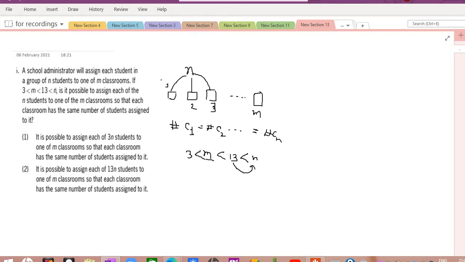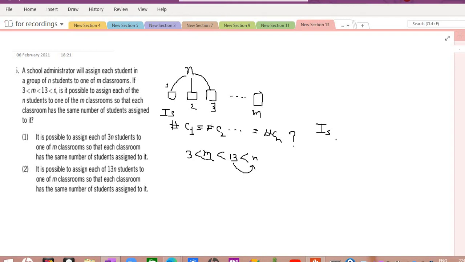So your question is whether the number of students in each classroom is equal. Total students are n. Can I interpret it like this? The question is asking, is km equal to n, such that k is also an integer? Right, is that the meaning of the question?